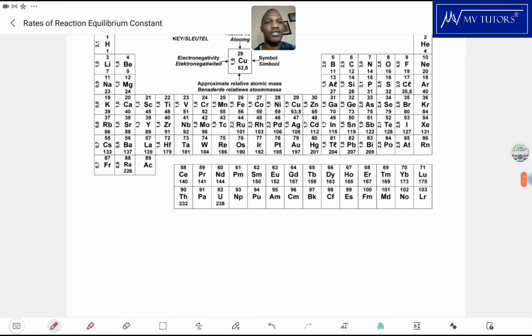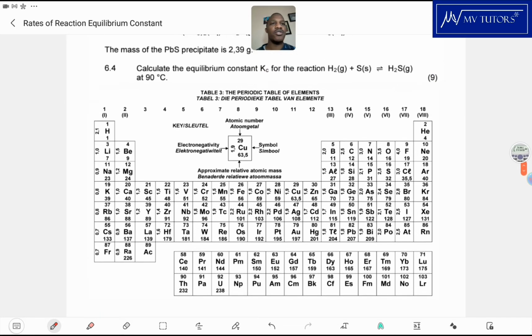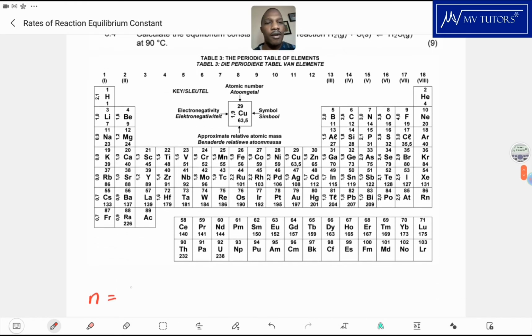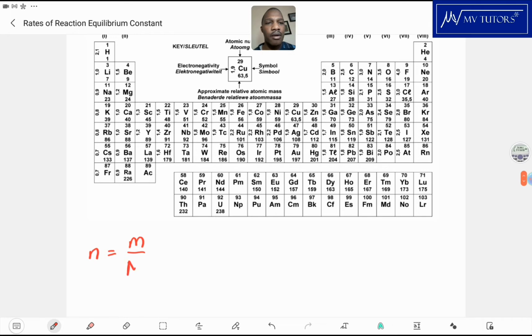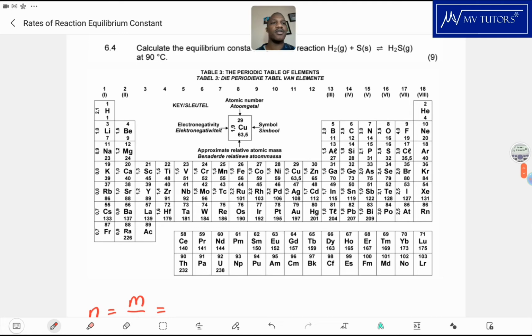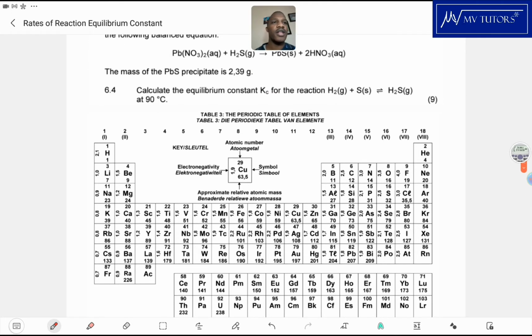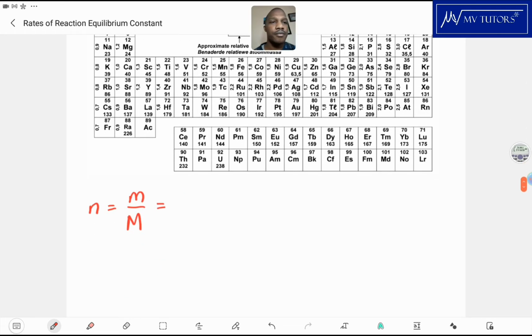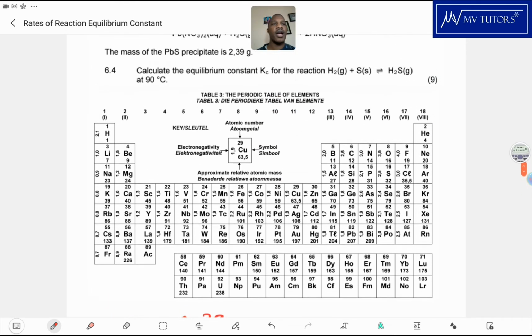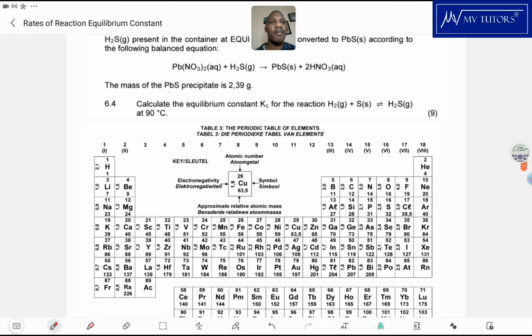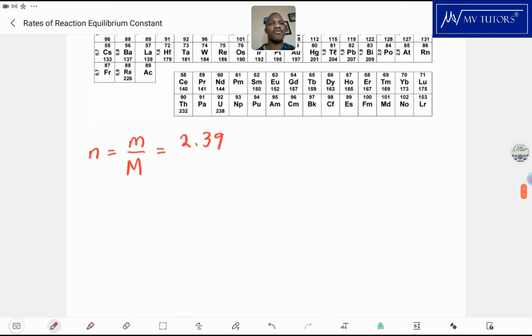Like I said, first of all, we need the number of moles. With the information we've been given, we need a mass and we need a molar mass. In terms of mass, we are given 2.39. Molar mass, we should calculate the molar mass of PbS.